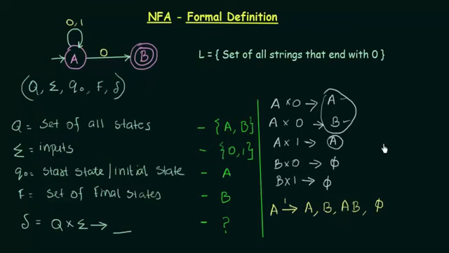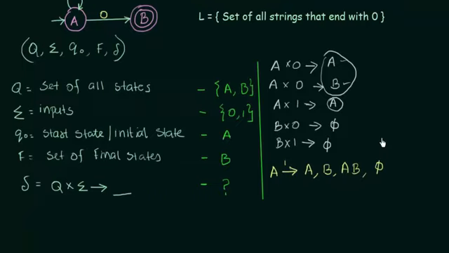Now let's take another example. Suppose we have three states, which are A, B, and C. Suppose in state A we get a particular input. What are the possibilities to which A can go?